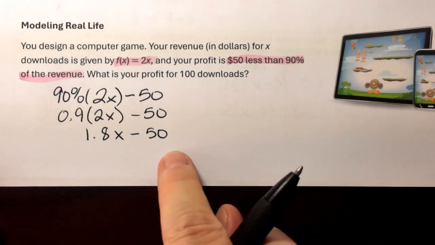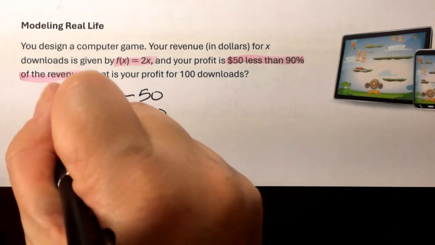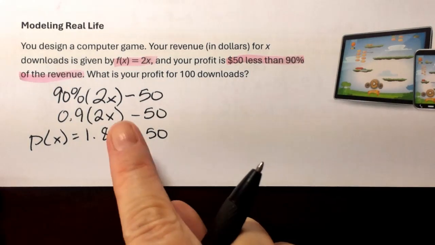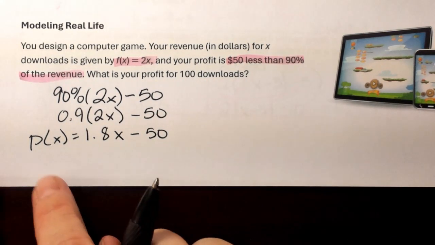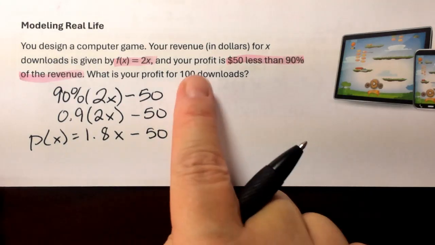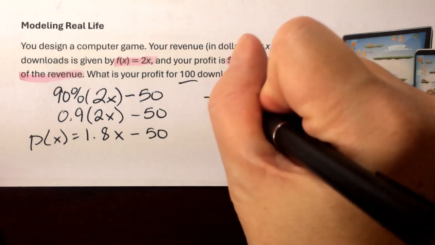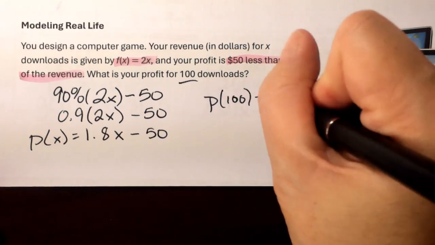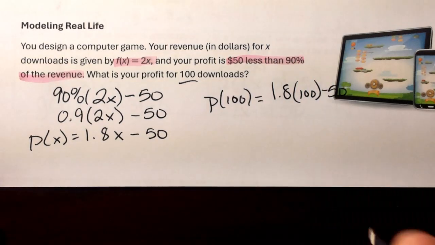So now I've rewritten an equation. So let's just call this P of x for the profit. So now, no matter how many downloads, I can use this equation to figure out what the profit would be. But they want me specifically to say 100. So let's plug in P of 100. And then we're just solving.